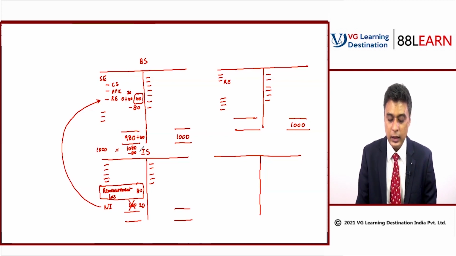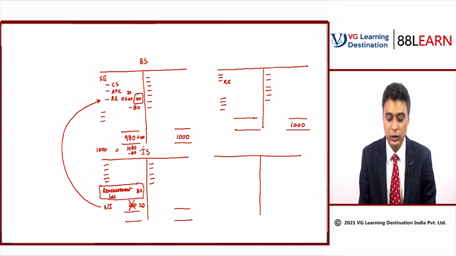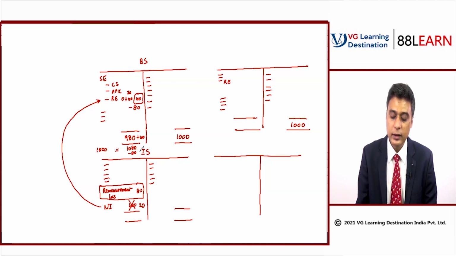In the first example we saw that we had to reduce, because the liability side was coming more, it was coming to 1080, we had to reduce the retained earnings by 80 to make the balance sheet balance, right? We had to reduce. In a gain situation, we will have to increase it.